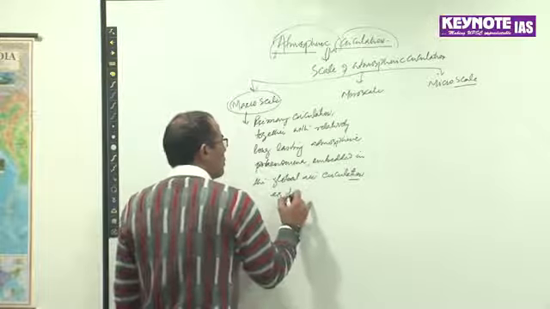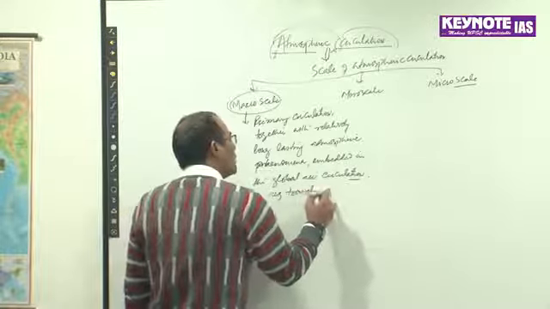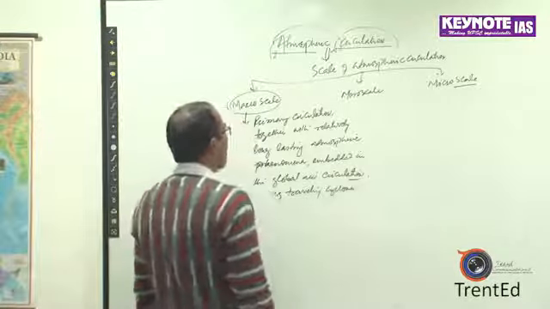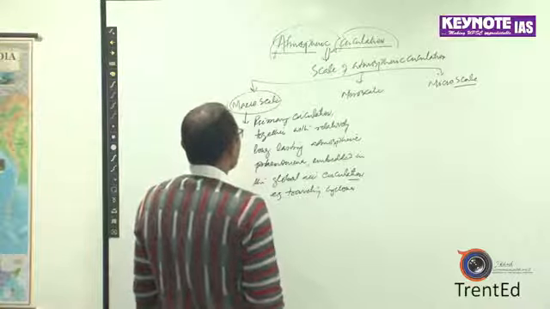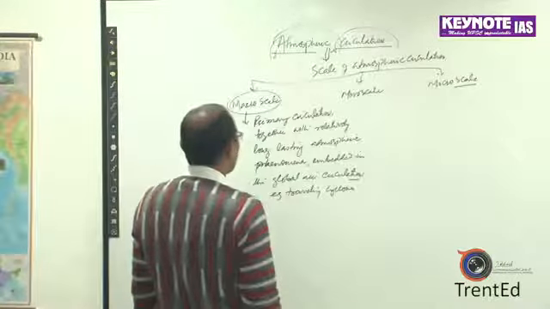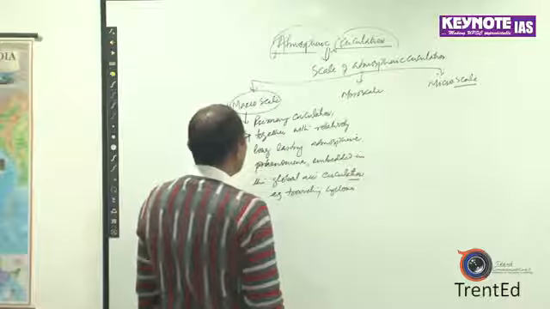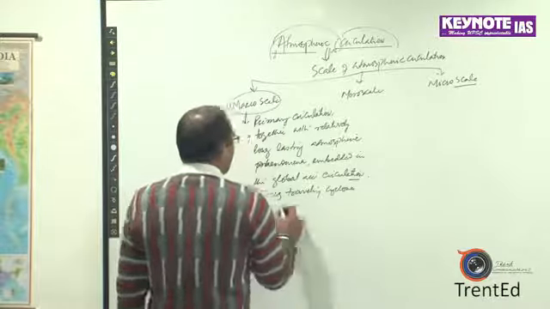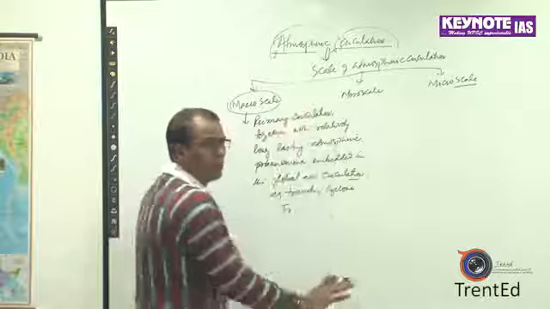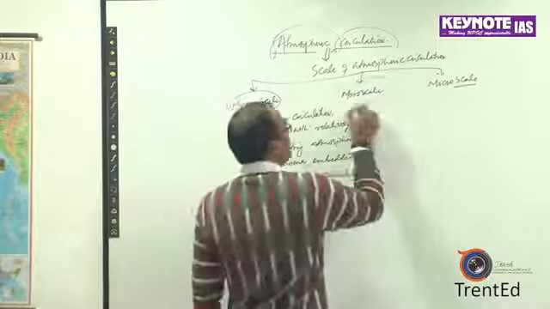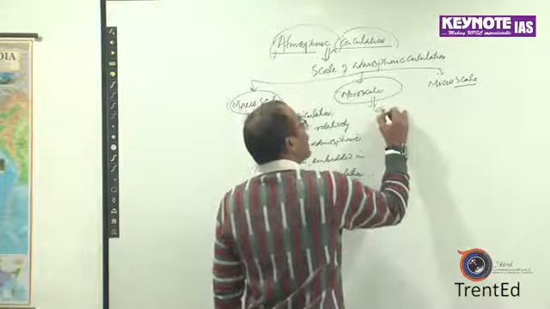For example, traveling cyclones, trade wind, westerlies, all will come into this category. Even jet stream.